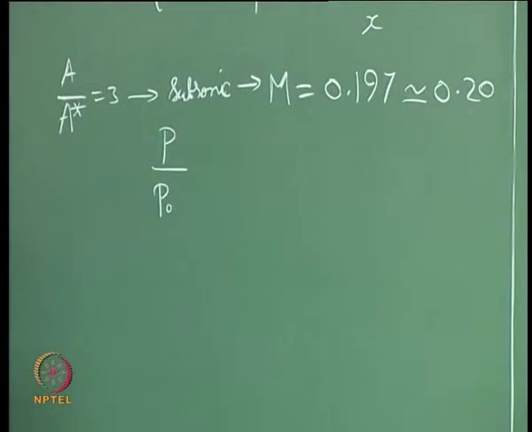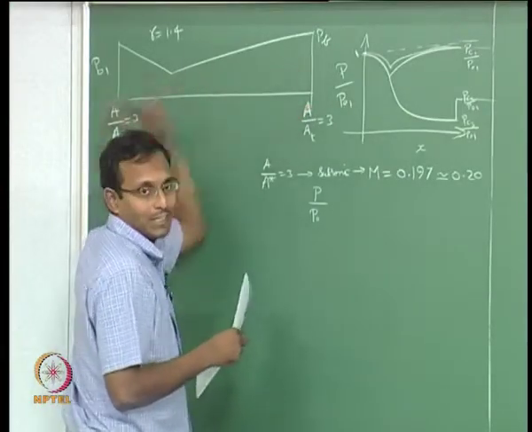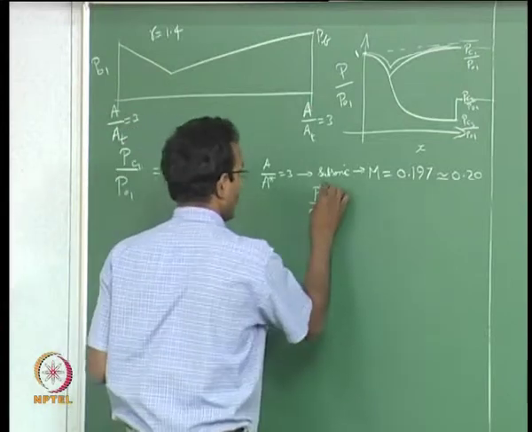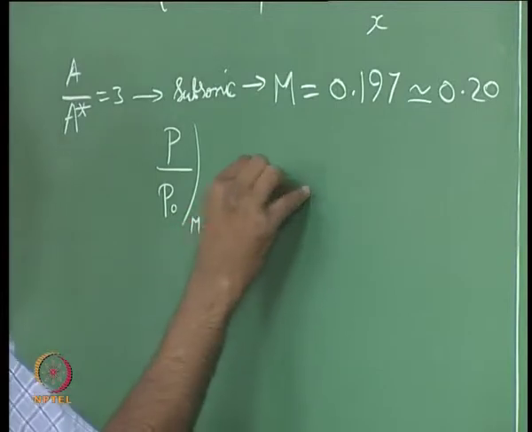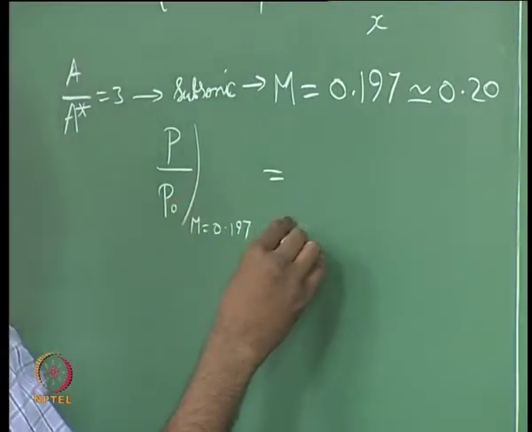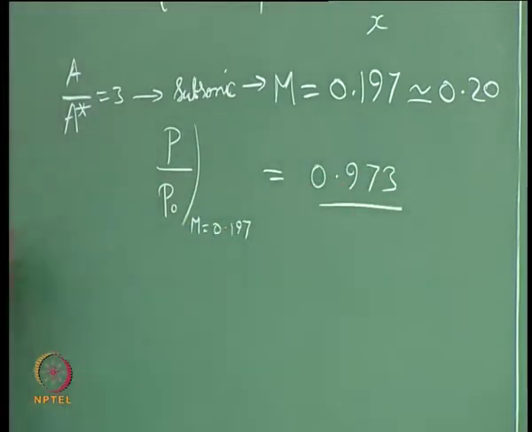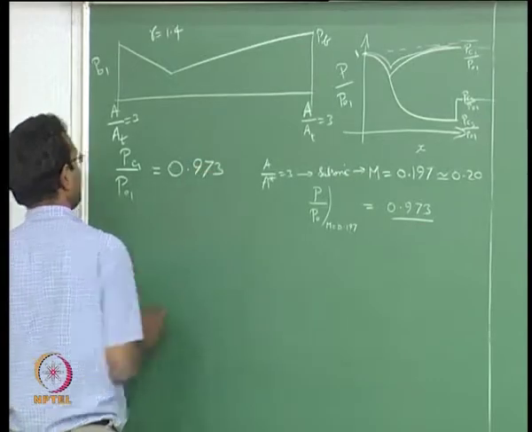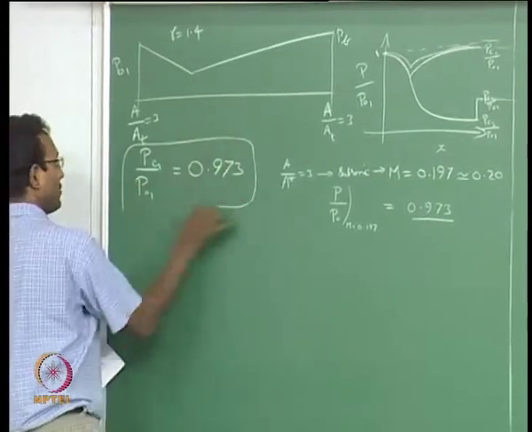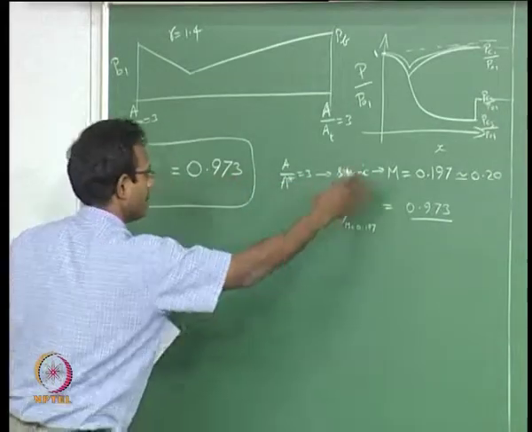Since the whole flow is subsonic in my P critical 1 condition, completely isentropic flow, I can just use isentropic tables at M equal to 0.197. That is going to give me a value 0.973. So that becomes my first critical pressure ratio, and how I got it is here, just next to it. This is how I got to this point.